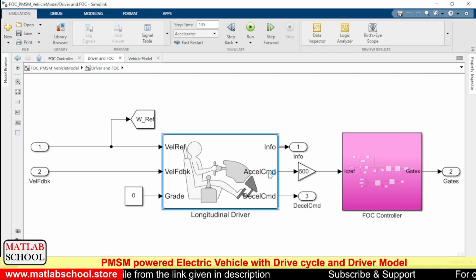The acceleration command and deceleration command will be in between 0 and 1. With respect to our requirement, we need to multiply the values from 0 to 1 with some other values. Here I have multiplied the output of the acceleration command with 500.